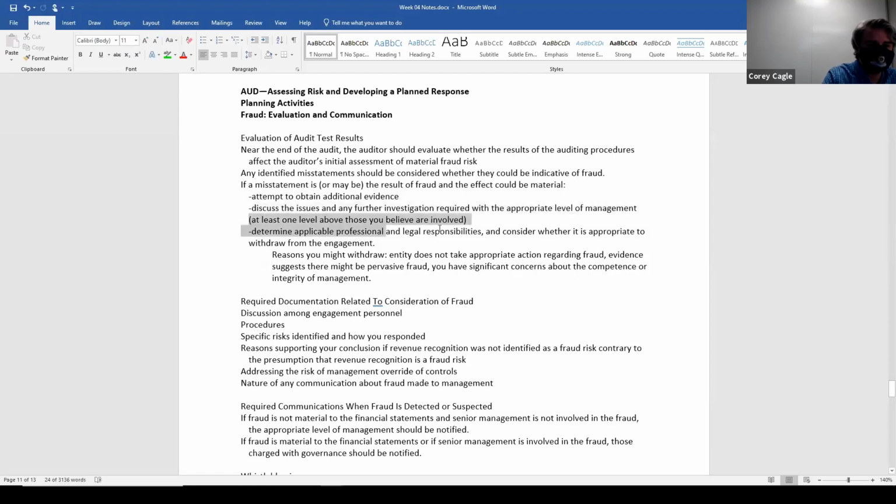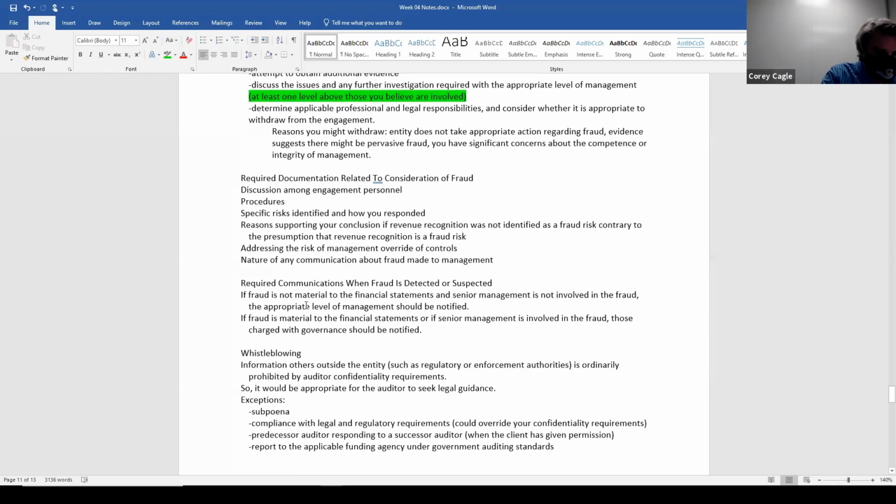So there you go. This right here shows up a lot in a lot of things. Required documentation, everything. I just can't imagine a question saying you shouldn't document something. So I think it's just going to be, why wouldn't you document?